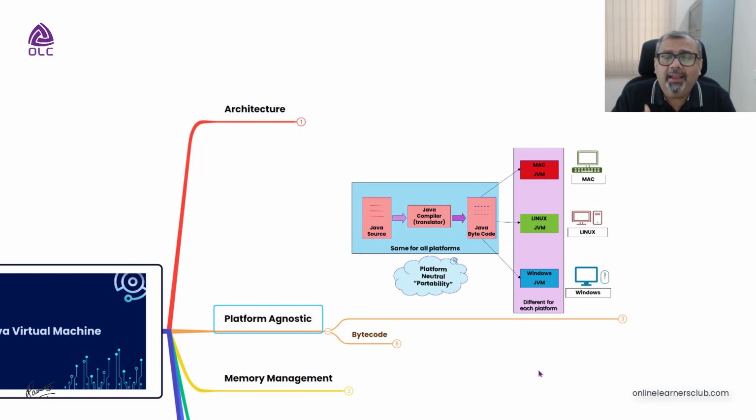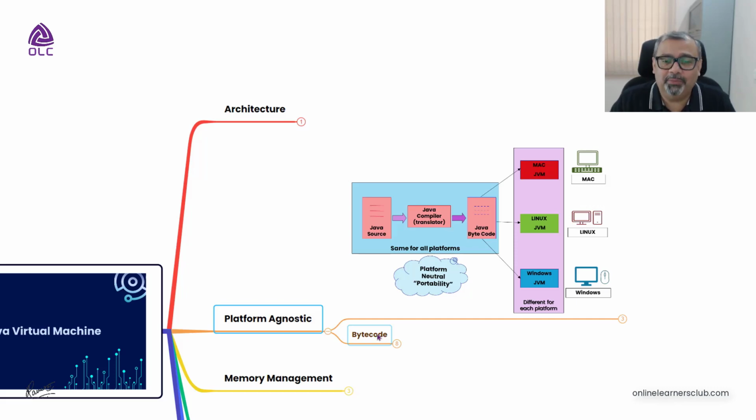These JVMs abstract the respective operating system specific libraries and functionalities, and create a simple layer for the bytecode to be executed independent of the operating system. That is one of the key ways in which Java brings a platform neutral environment and promotes portability of Java code. Thereby I can use a Windows platform, compile the code, get the bytecode and execute it in Linux environments.